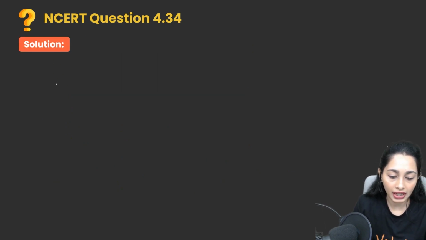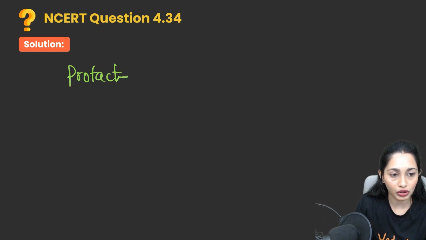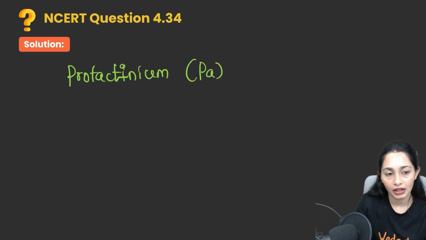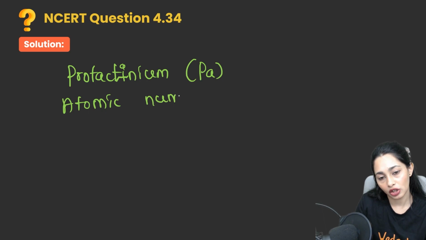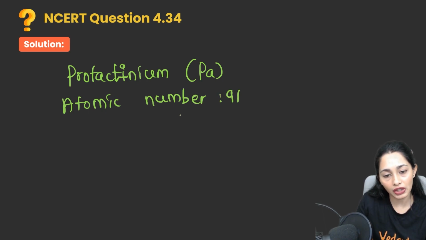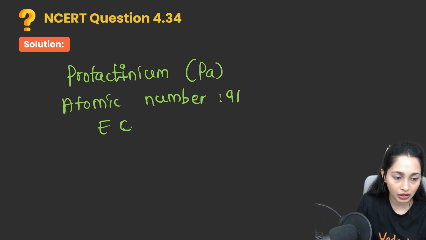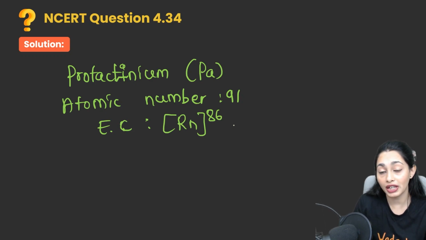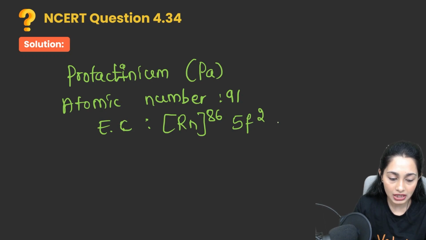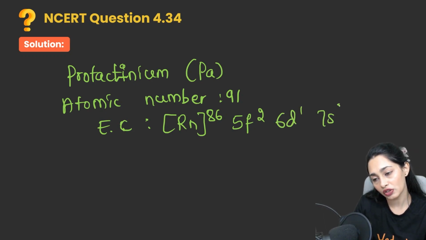Next element is protactinium, that is Pa, the element with atomic number 91. Electronic configuration is radon, whose atomic number is 86, followed by 5f2, 6d1 and 7s2.